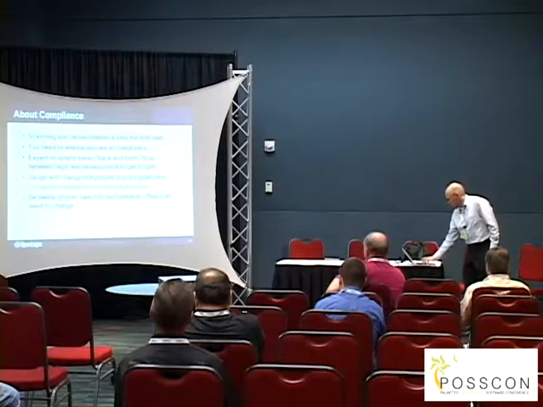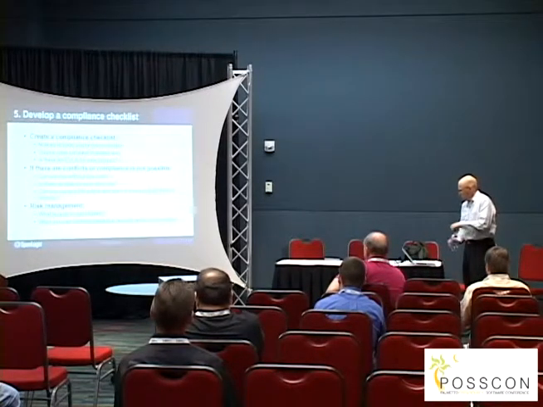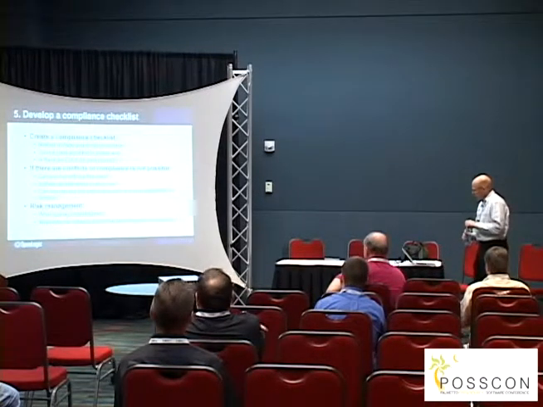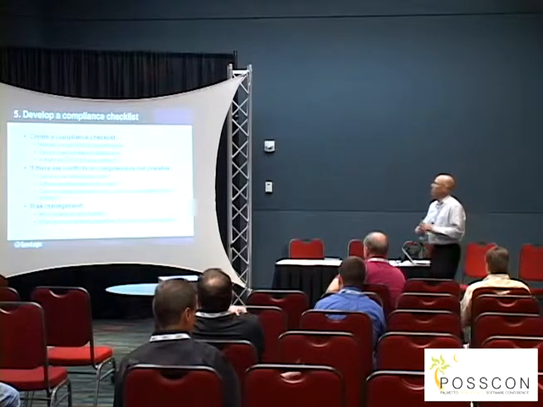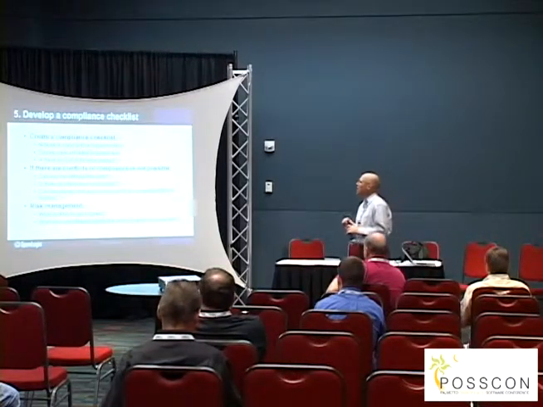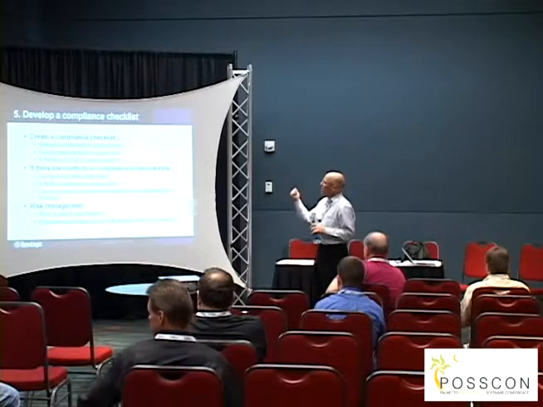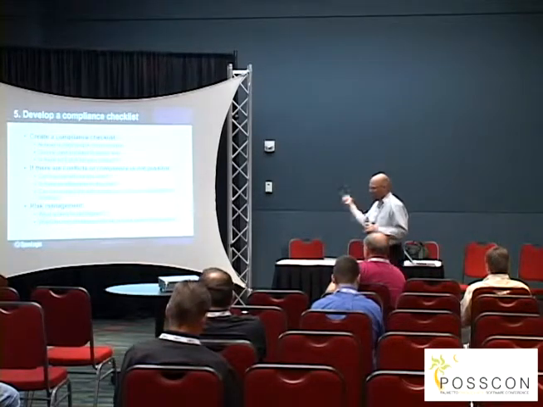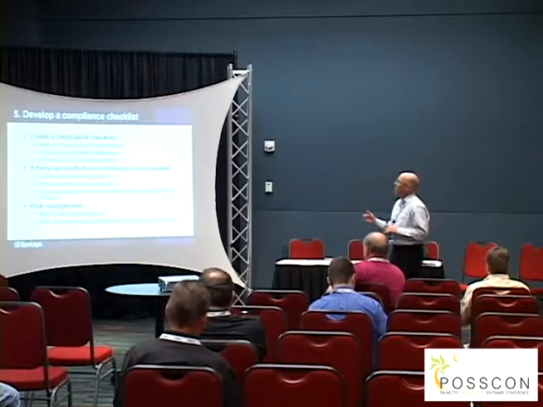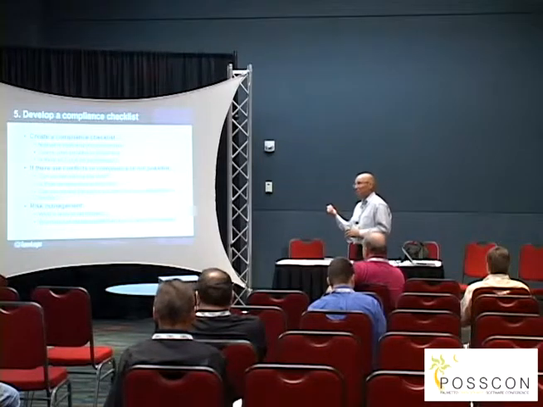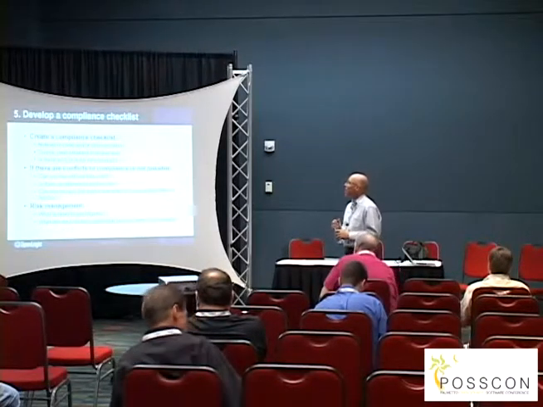All right, so the last thing related to being a good corporate citizen: developing your policy, tracking your usage, scanning your code, becoming familiar with the licenses, and getting yourself a compliance checklist.